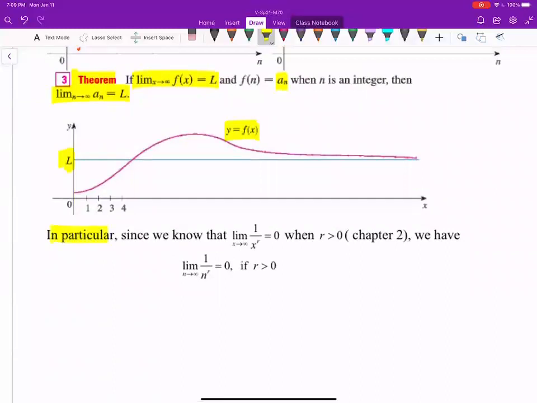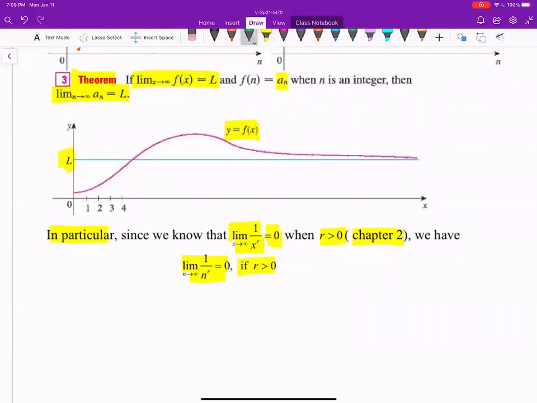In particular, we know that the limit as x approaches infinity of 1 over x to the r equals 0, 1 over a large number, when r is more than 0. This you did in the calculus 1 class in the limit section. Then the limit as n approaches infinity of 1 over n to the r will also be equal to 0.